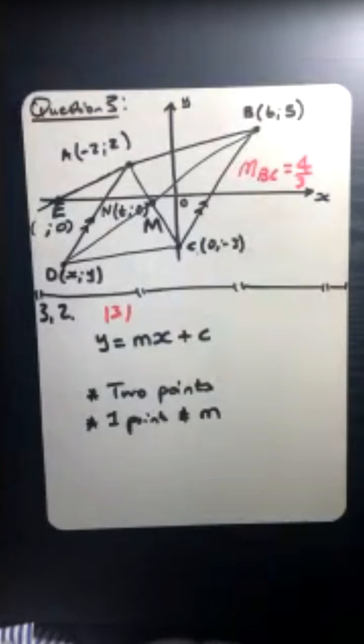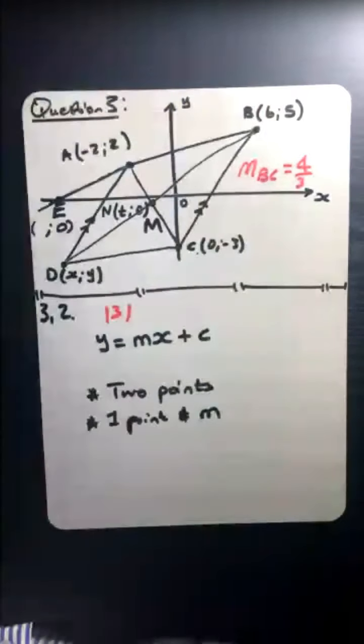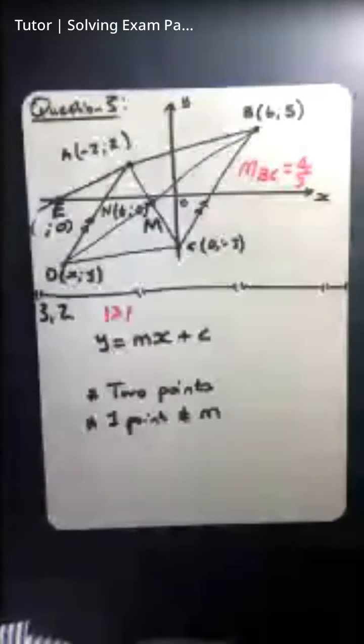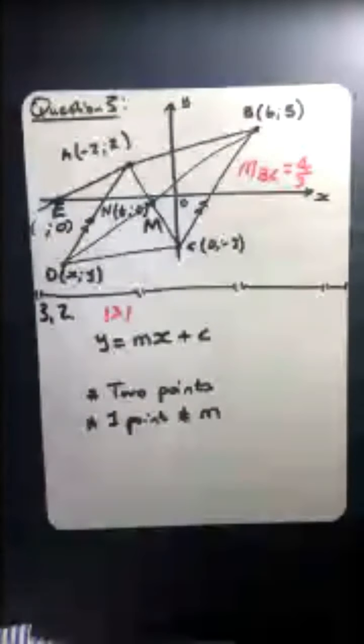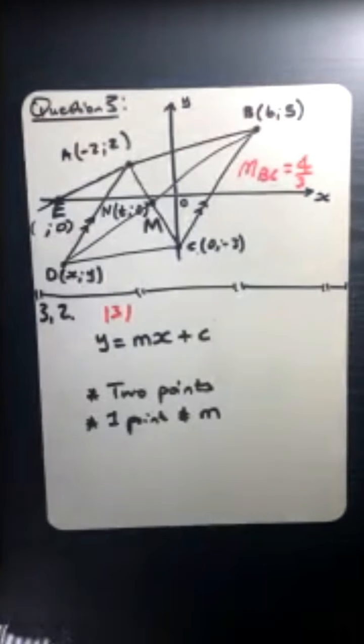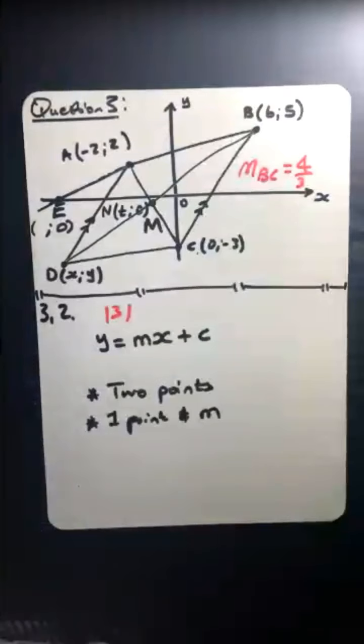So in question 3.2, we have 1 point and a gradient. But how do we have the gradient? Because they did not give us the gradient, Tumelo. In the statement, they did mention that AD is parallel to BC. Oh yes, 100%.